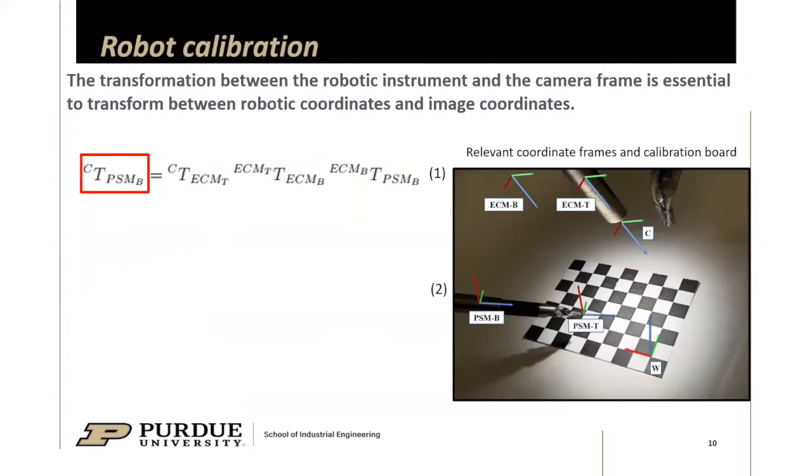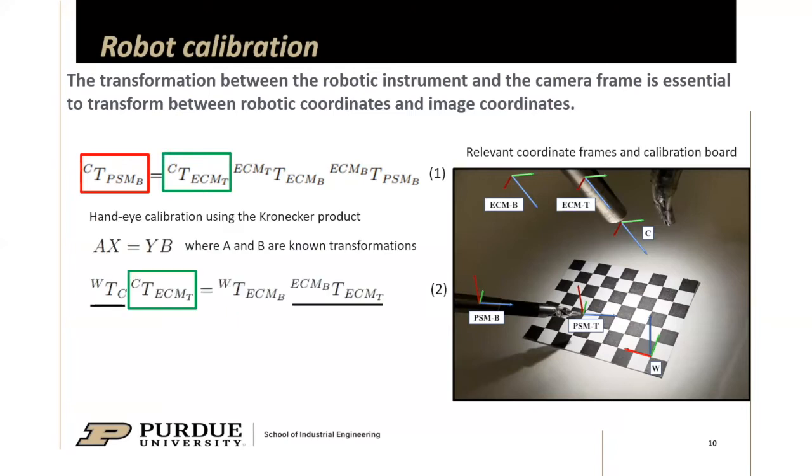Firstly, we performed a calibration procedure to find or register the tooltip of a PSM to the camera frame. This transformation is essential to transform between robot coordinates and image coordinates. We constructed this based on 3 different transformation matrices.